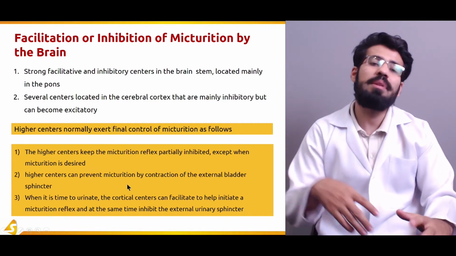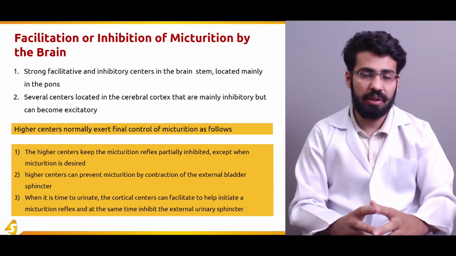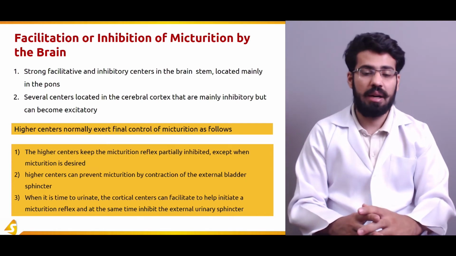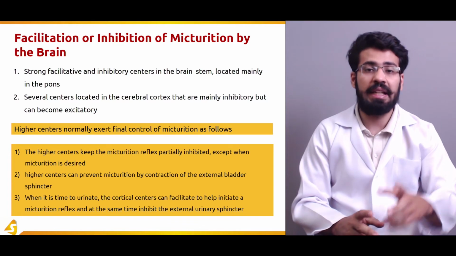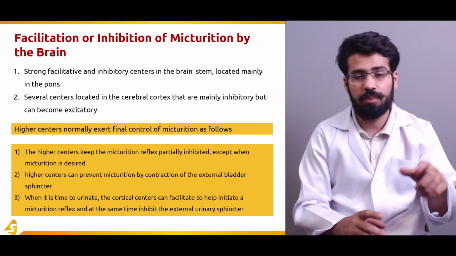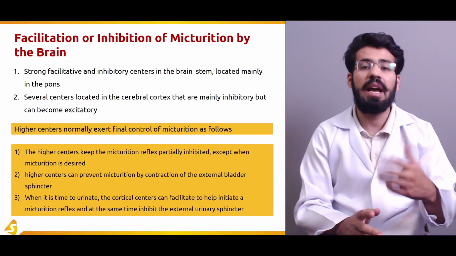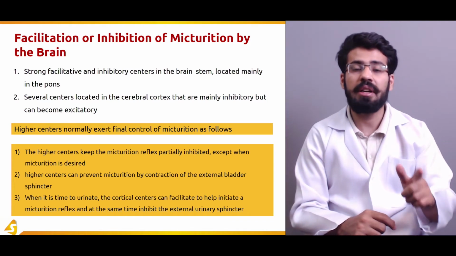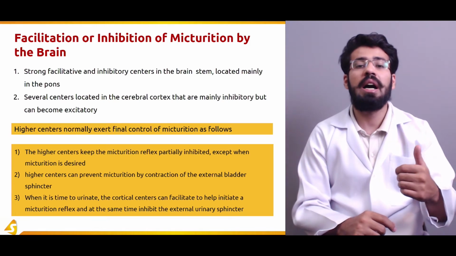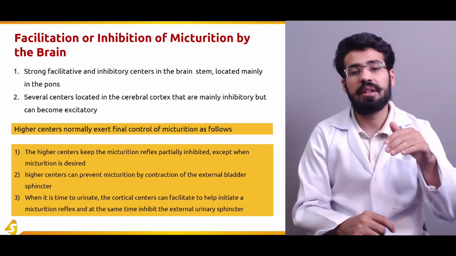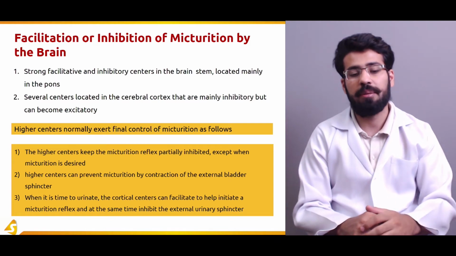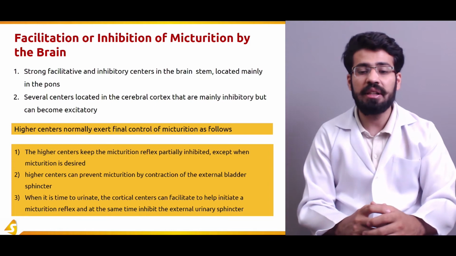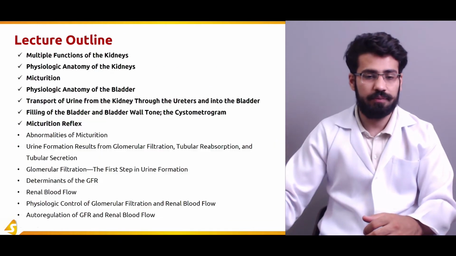So what basically happens when the bladder has been filled three-quarters or completely, or when it's time to urinate, is that the cortical centers start to facilitate the initiation of a micturition reflex. The partially inhibited micturition reflex, that inhibition by the higher center, will be reduced at that time, and at the same time it will inhibit the external urinary sphincter muscles.